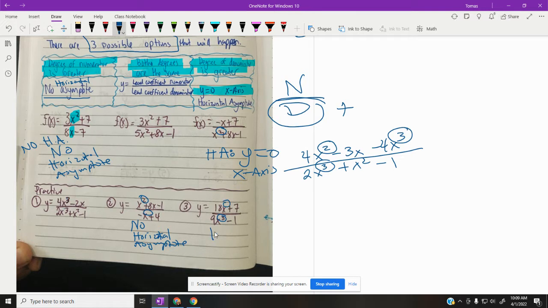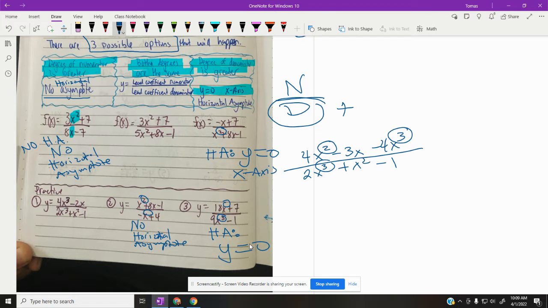So on this one, my horizontal asymptote is automatically y equals 0. So no math involved, no algebra involved, but you have to know the rule. If the degree of the denominator is greater, then your horizontal asymptote is y equals 0.